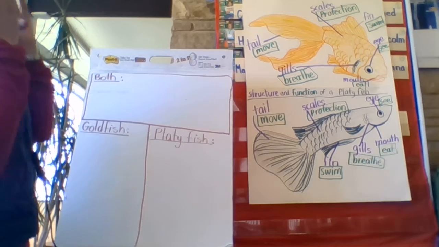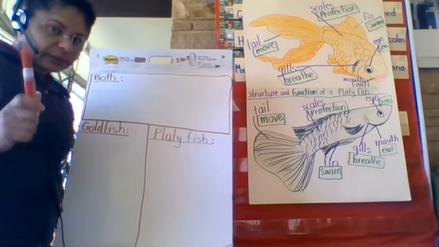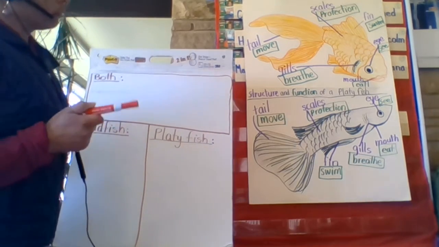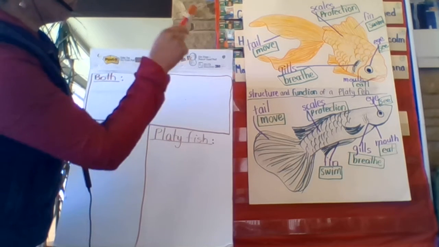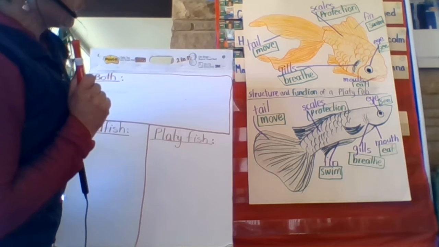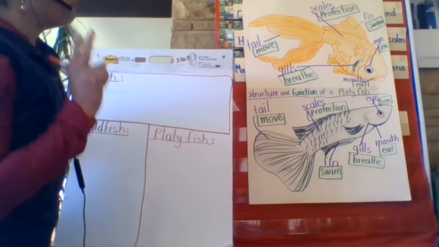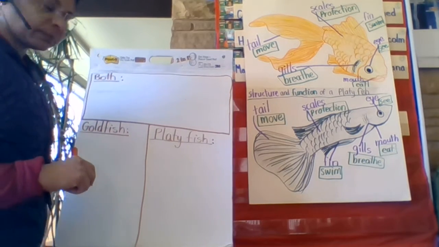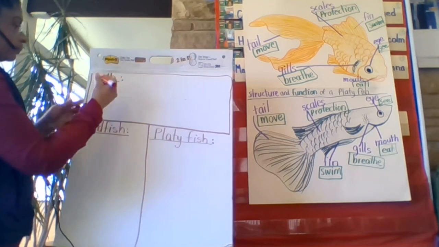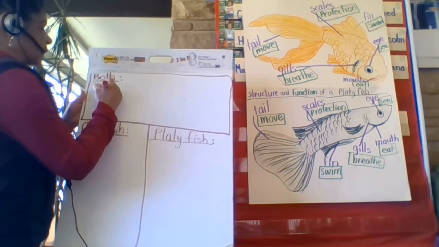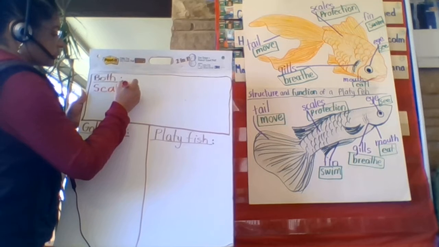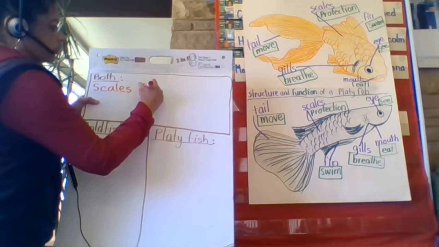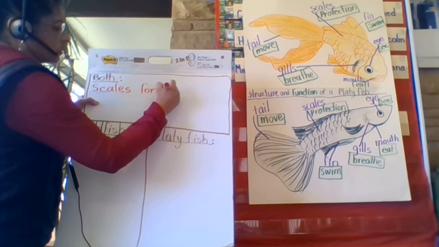So, watch me as I model the first one for you. When I look at both of my illustrations, I notice that both fish have scales for protection. Both have scales for protection.